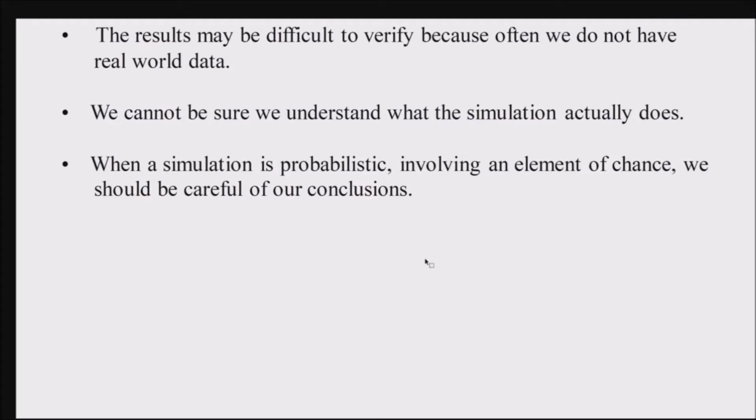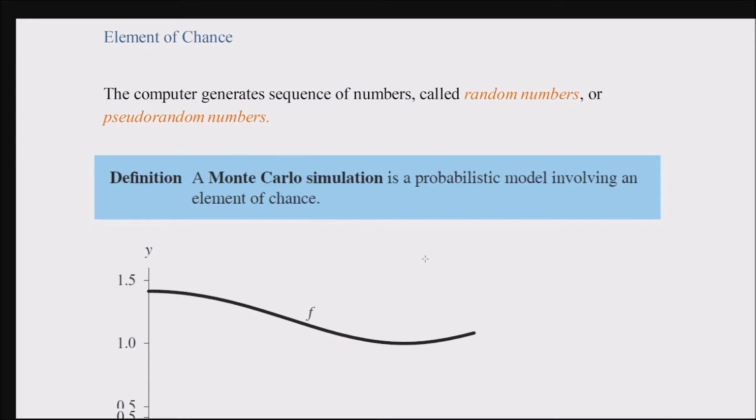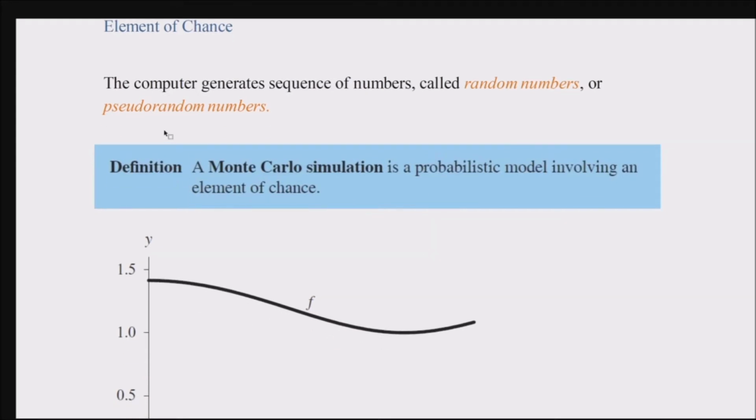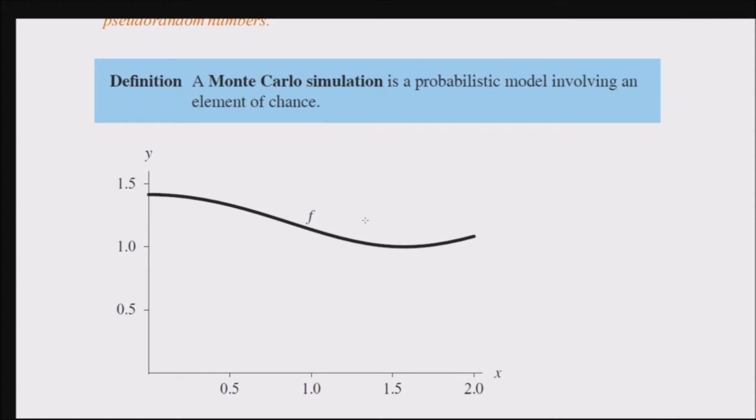Okay, so saying that, let's move to element of chance. When we're talking about element of chance, this is actually depending on random numbers or pseudo-generated numbers when it comes to computers, right? But to get the idea of it, I will talk about something like dart throwing.